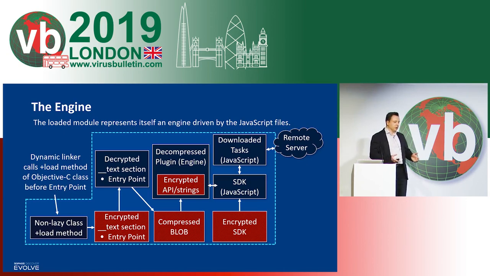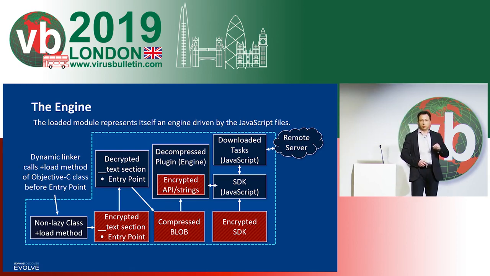So what happens? Let's have a look again at the whole picture and recap the process from the start. So from the very start, this is the encrypted code section called __text. It has an entry point in it. The code itself is encrypted.